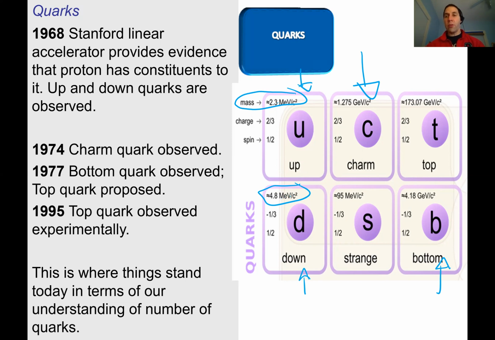Remember the equivalence of mass and energy. Notice that the strange quark and the charm quark are a little more massive, and top and bottom a lot more massive, okay? So top and bottom took longer because you had to build a more massive particle accelerator and collider in order to be able to make observations of it.